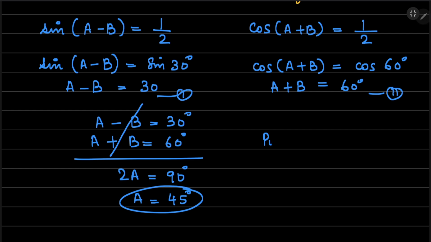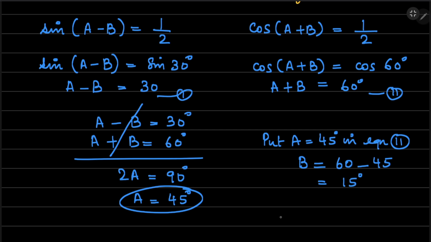Okay, so you can put a is equal to 45 degree in equation 1 or 2, wherever. So let me put in equation 2. So what is your b? B will be 60 minus a is 45. Okay, so what is 60 minus 45? It is 15 degrees. So therefore you can write b is nothing but 15 degrees, and that's your answer.